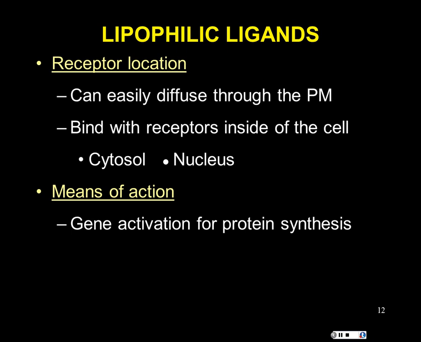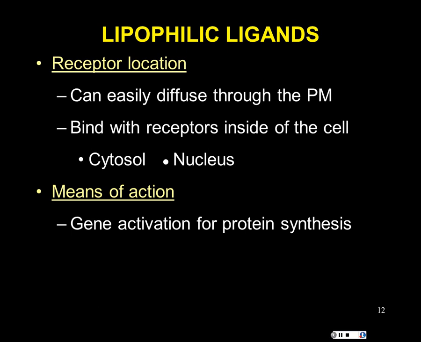And as we discussed a moment ago, the receptors are inside of the cell in one of two locations, either the cytosol or the nucleus. Lipophilic molecules, because their receptors are located in the cell, are going to have a more direct effect within the target cell. And eventually, they're going to have their actual target at the nucleus.